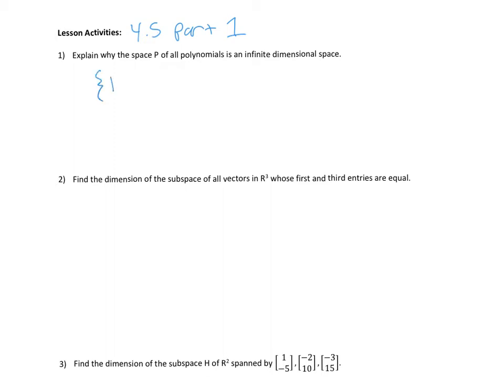I would need a constant, a t term, a t squared term, a t cubed term, a t to the fourth. You get the idea, right? I can never stop writing these down because if I want to include all polynomials of any degree, I need all the degrees listed in the basis. So the basis has infinitely many elements, which means the dimension is infinite.